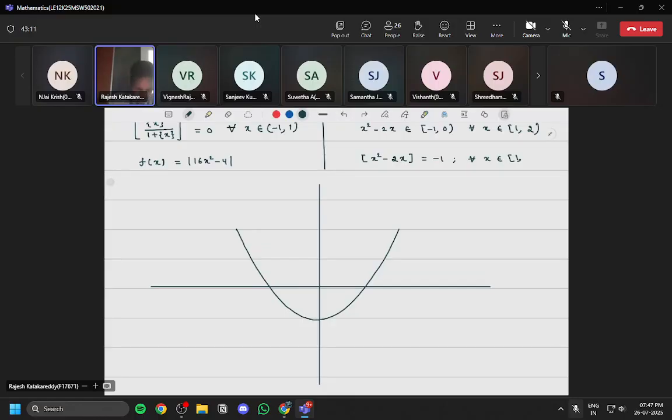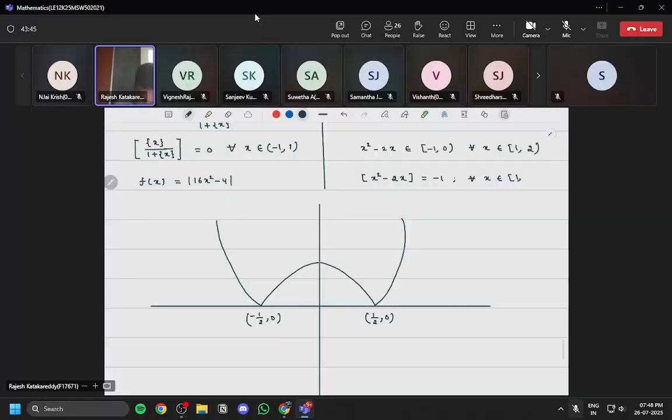Next part: modulus I take, identifying the below portion, erasing and flipping up. So this is (−1/2, 0) and (1/2, 0). When x is 0, this will be (0, 4).